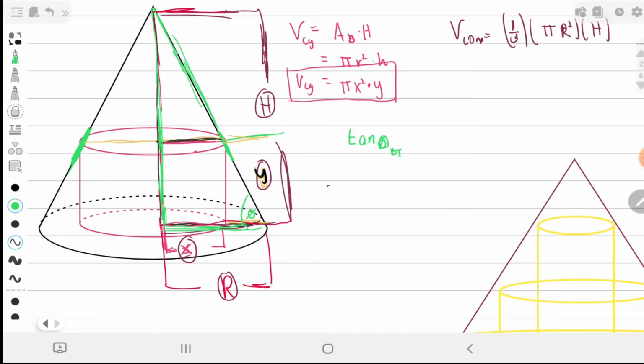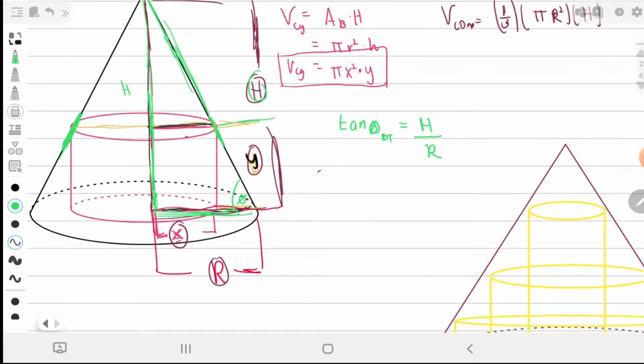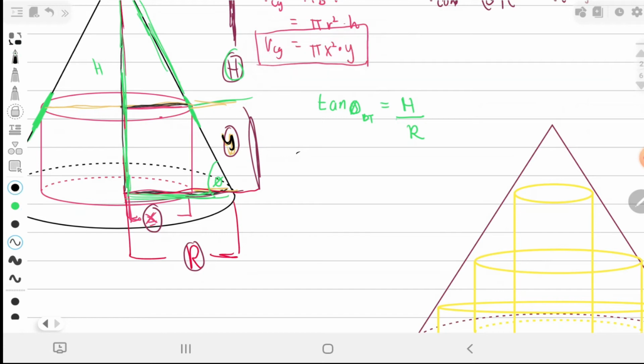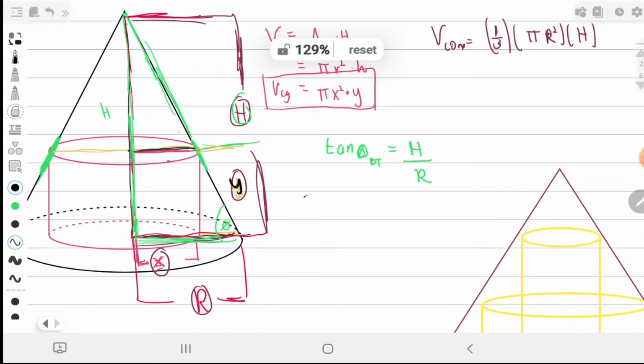Makikita mo na tong tan theta nito is equal to h, yung h natin, opposite over adjacent, divided by our r. Di ba? And then also, this triangle, since similar triangle tayo, pag gumuhit ako ng triangle dito sa baba, let's say alpha to, parehas lang naman tong theta at alpha natin.